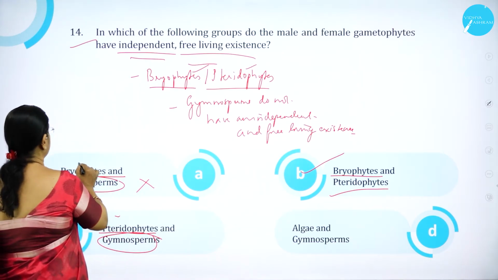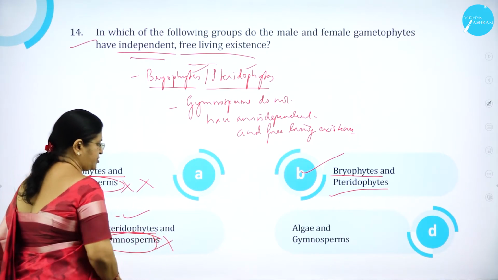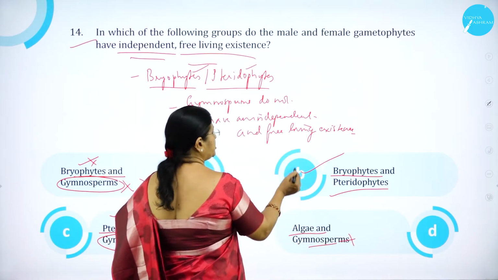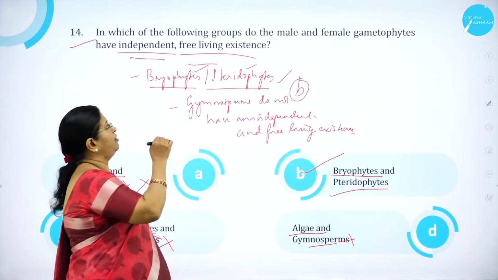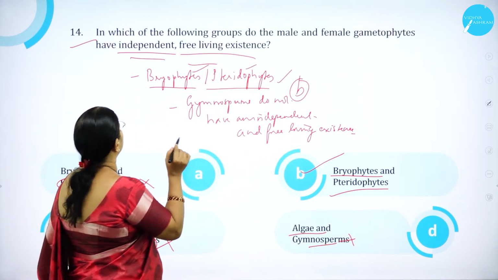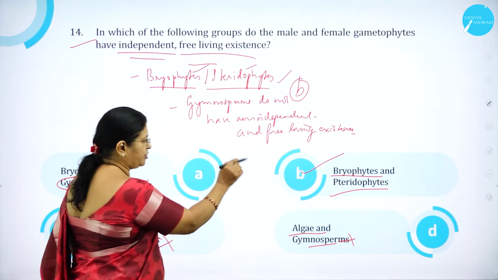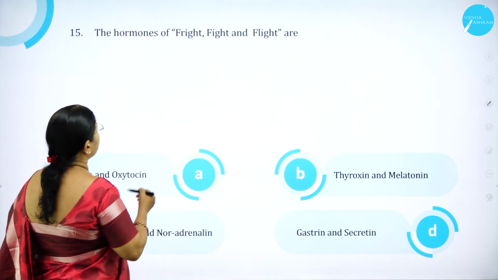Pteridophytes is correct, bryophytes is correct, but gymnosperm is wrong. Algae and gymnosperm is wrong. So option B is correct. In which of the following groups do the male and female gametophytes have independent free-living existence? It is in bryophytes and pteridophytes.